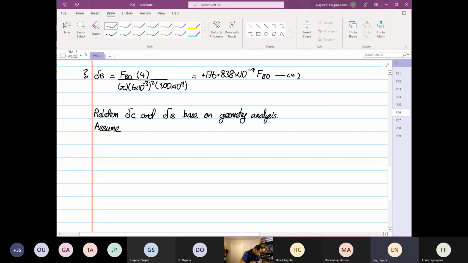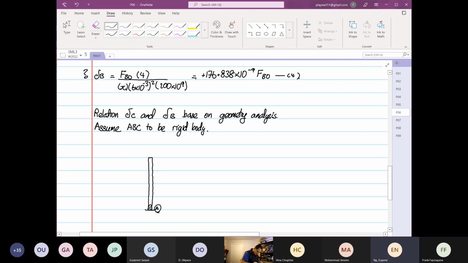So that is where, remember, we assume ABC to be a rigid body. Okay, so now we're going to sketch the thing out again very quickly. So this is our beam, and this is where our point A is.